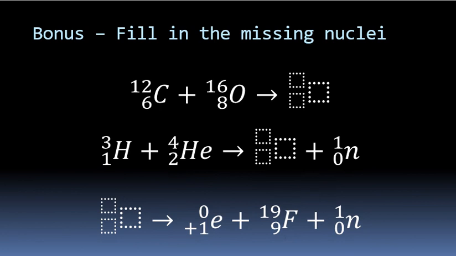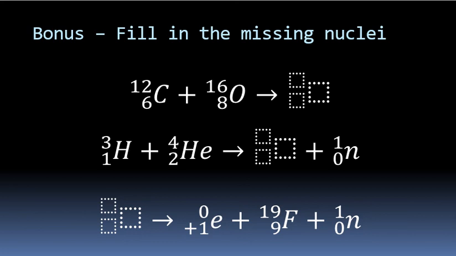This week's bonus is essentially these 3 equations right here, which you can fill in. Now the top one would be an example of nuclear bombardment, where essentially 2 nuclei, they come and collide together to form another nuclei. Now, for the second equation, you would see nuclear bombardment again between a hydrogen 3 atom or hydrogen 3 nuclei and a helium 4 nuclei, forming one other nuclei and a neutron.